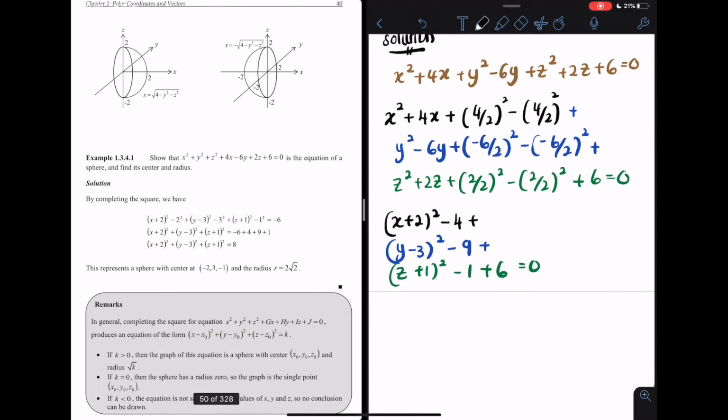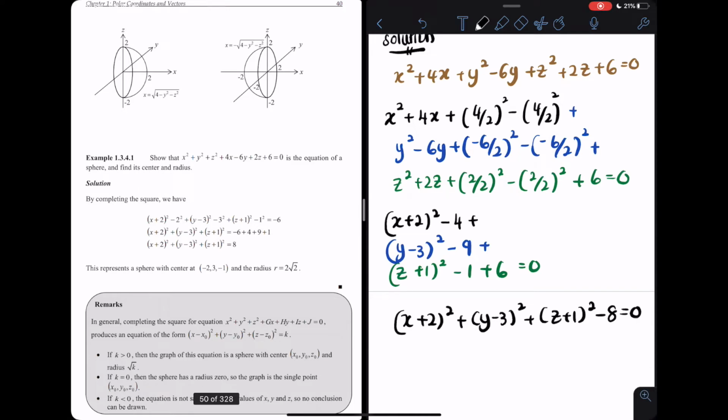My final answer will be (x plus 2) squared plus (y minus 3) squared plus (z plus 1) squared, negative 4 minus 9 is negative 13, negative 13 minus 1 is negative 14, negative 14 plus 6 is negative 8, equal to 0.